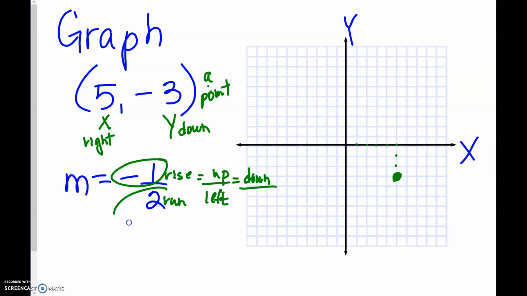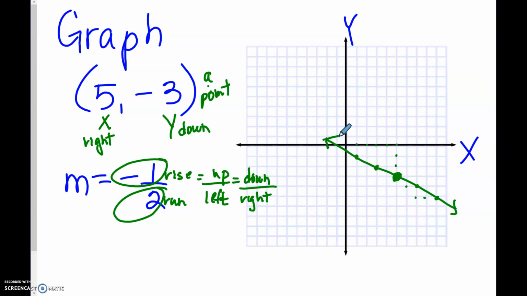Now look at this 2. It's positive. So I'm going to go right. Okay, so from this point, if you do my directions, up 1, left 2, up 1, left 2. If you do the other set of directions, it's down 1, right 2, down 1, right 2. And I've talked to you guys about this before. You need to be able to go both directions.